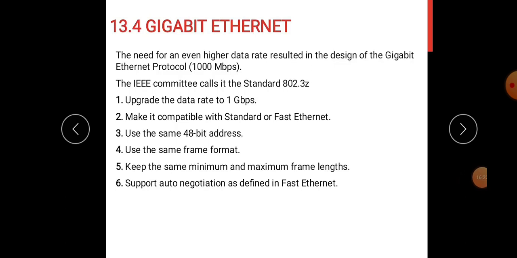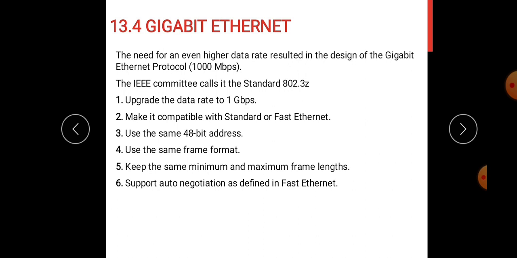The Gigabit Ethernet. The need for an even higher data rate resulted in the design of the Gigabit Ethernet protocol, that is 1000 Mbps capacity. The goal of Gigabit Ethernet was to upgrade the data rate to 1 gigabit per second, but keep the address length, the frame format, and the maximum frame length the same.